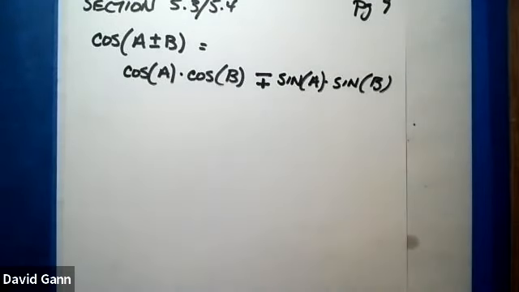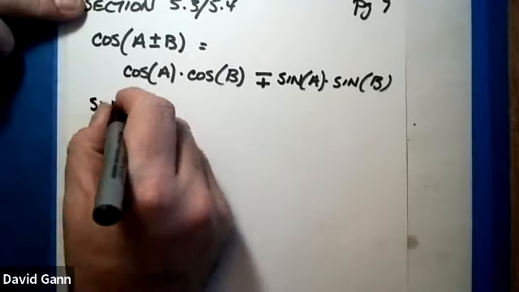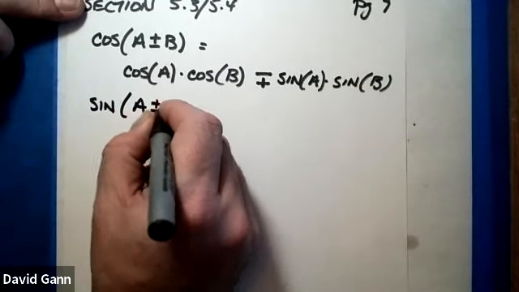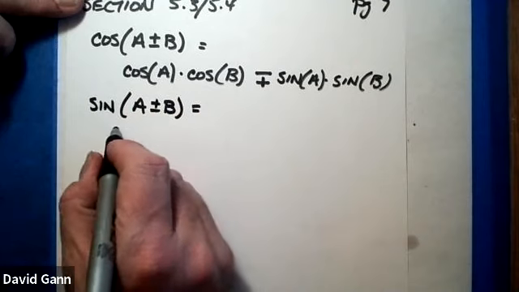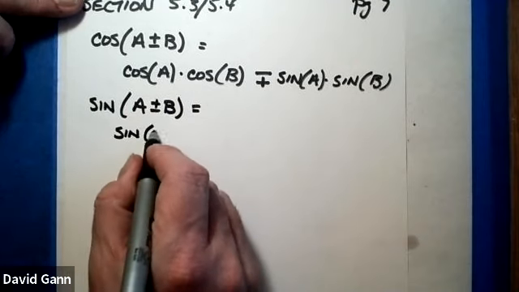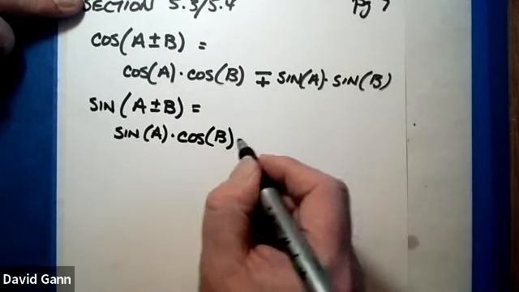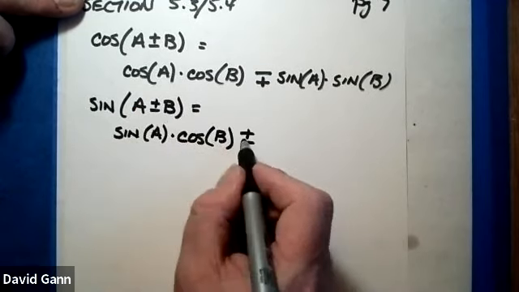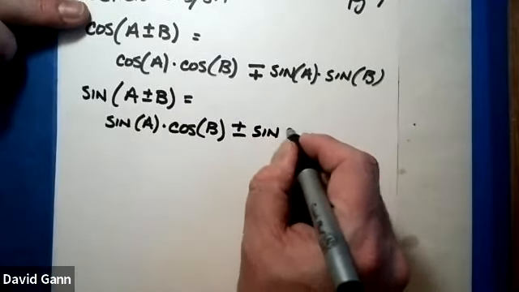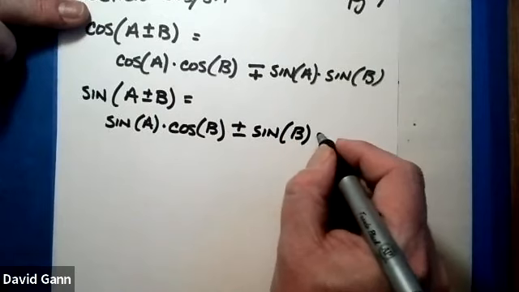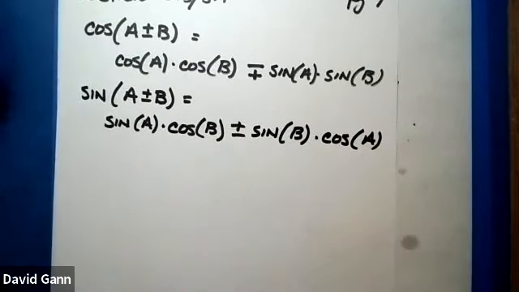Okay, so next we showed that the sine of a sum or difference is equal to the sine of the first angle times the cosine of the second angle plus minus, so the same sign, the sine of the second angle times the cosine of the first angle, okay?